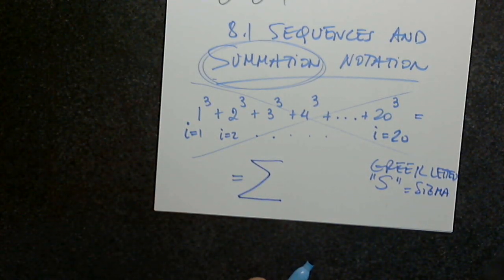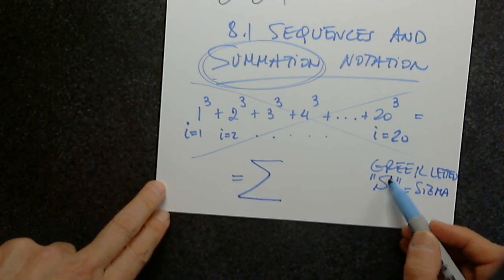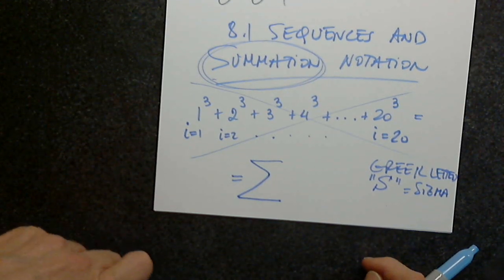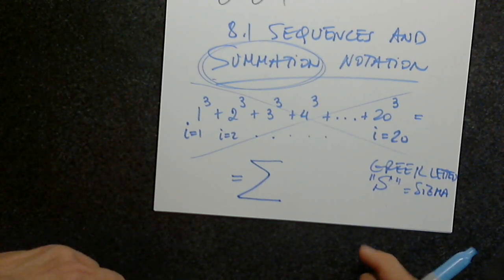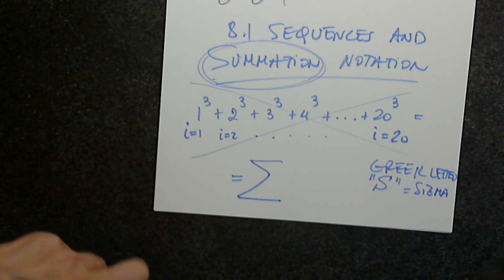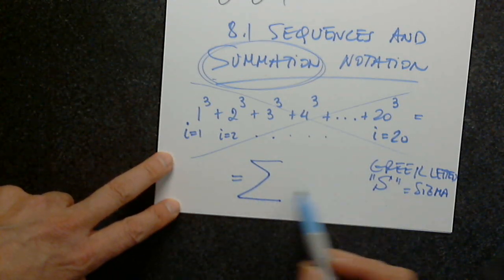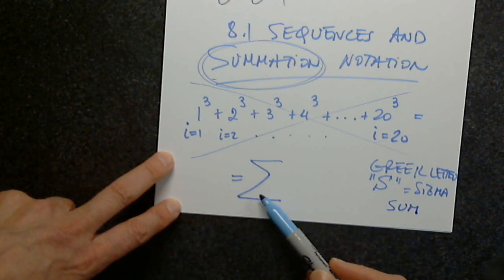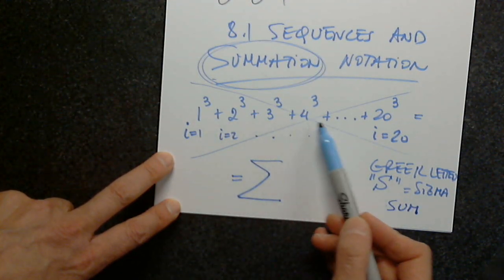This is very appropriate for what we're trying to write. The Latin S, for example, is not going to be a good fit for what we're trying to do. So this symbolizes sum. So this tells us that it's a sum of terms.